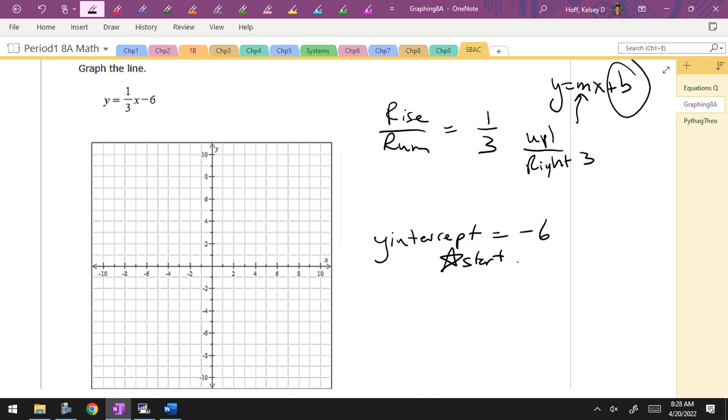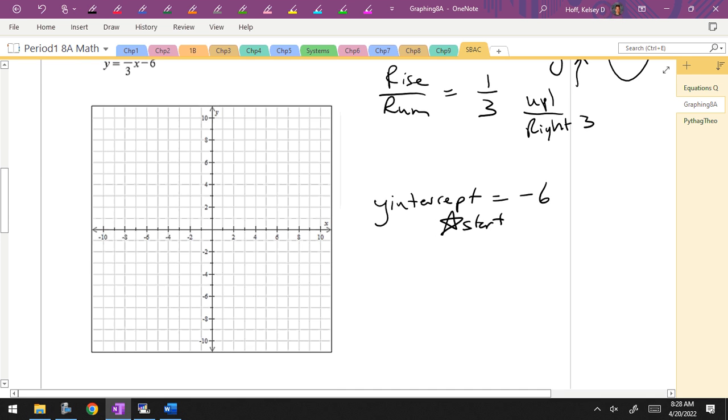It's labeled. Okay, so we need to put a point at negative 6. So I put a dot at negative 6. Then what do I do? Up 1, right 3, put a dot. Up 1, right 3, put a dot. The nice part about Desmos, you can draw that line, right?